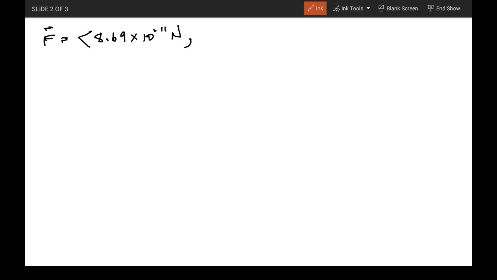There's a y component that is 1.50 times 10 to the minus 10 newtons, and no z component. And similarly, we can write delta r. We're going to assume that that's all along the x direction, and so we need to figure out what that looks like. But we already know that if it's along the x direction, that this looks like a number in the x coordinate position and then 0, 0.